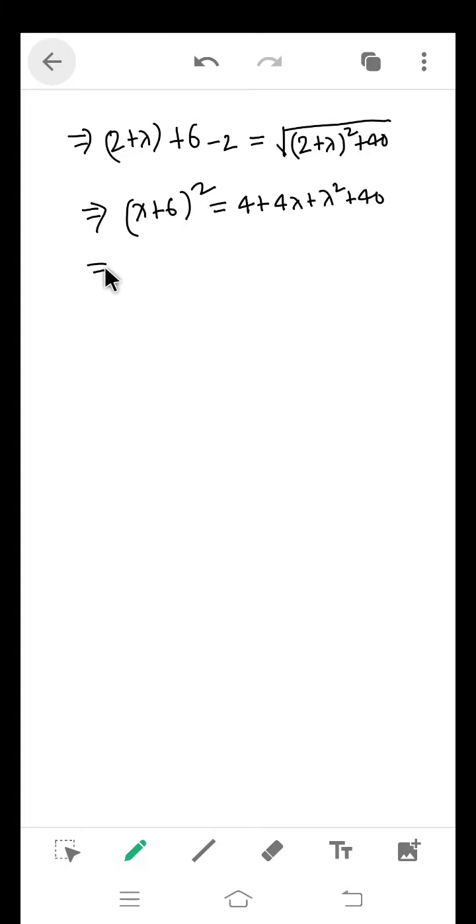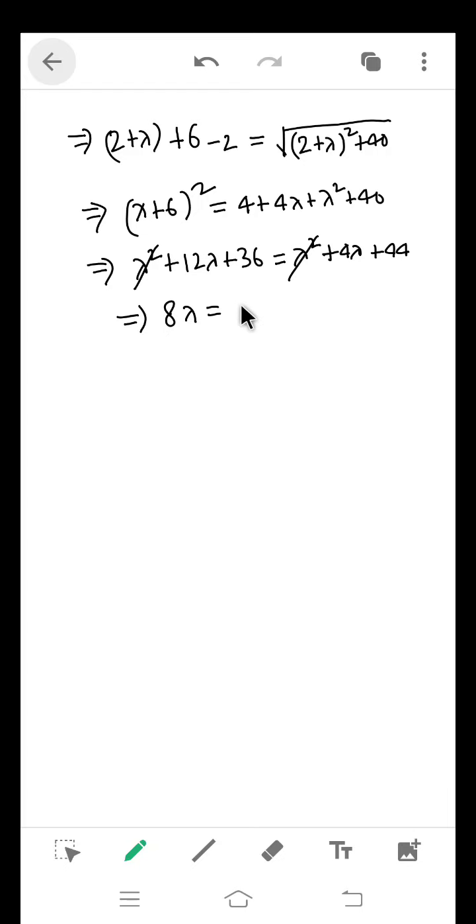So now lambda square plus 12 lambda plus 36 plus lambda square plus 4 lambda plus 44. So lambda square cancel, so 8 lambda equal to 8. So the value lambda you have got 1.